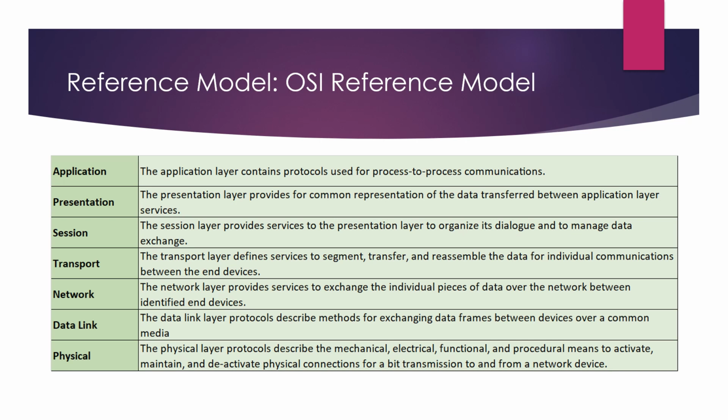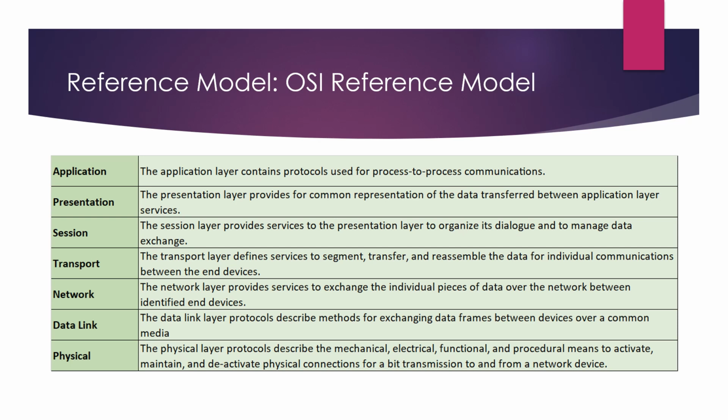The 5th layer is the session layer, which provides services to the presentation layer to organize its dialogue and to manage data exchange. The 4th layer is the transport layer, which defines services to segment, transfer, and reassemble the data for individual communication between end devices. The network layer provides the service to exchange the individual pieces of data over the network between identified end devices.